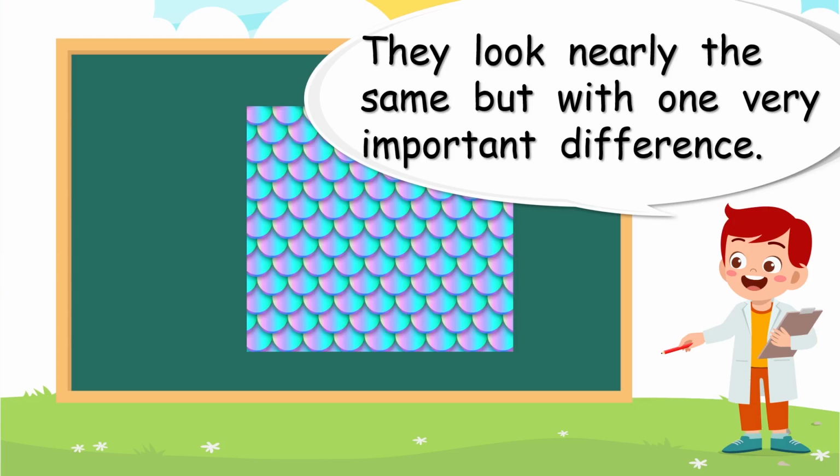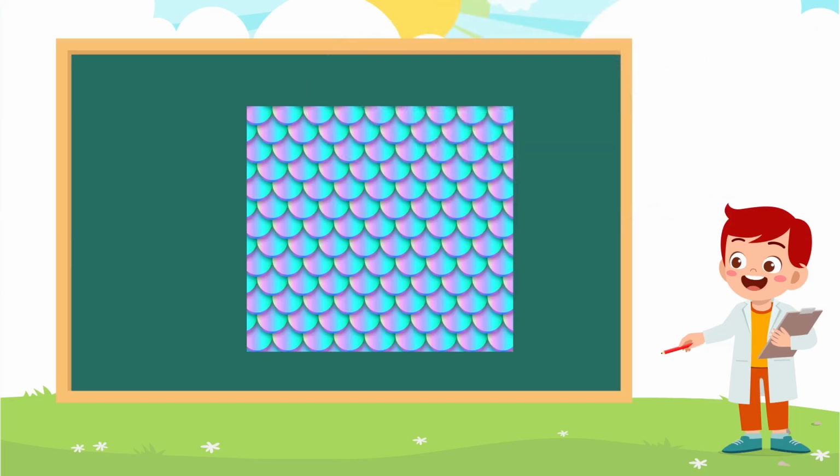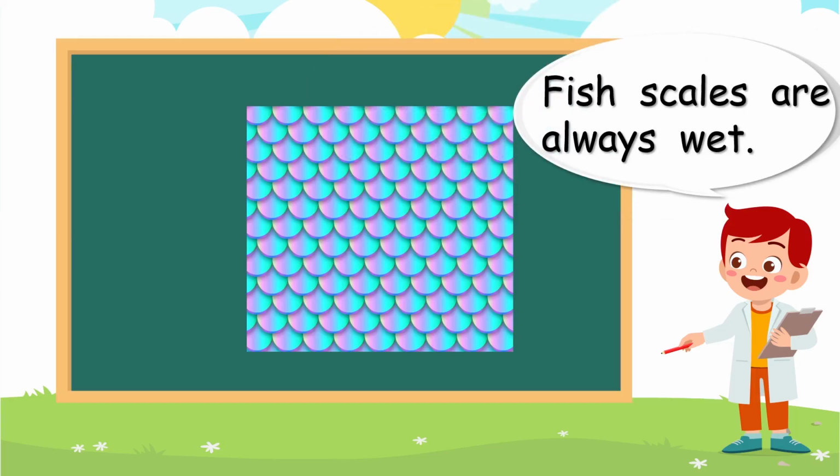So, the reptile has dry scales. Fish scales are always wet. Now we know that the fish are always in the water, but their scales are always wet.